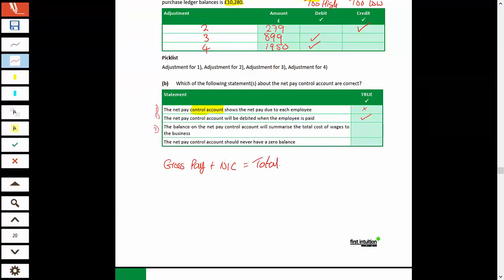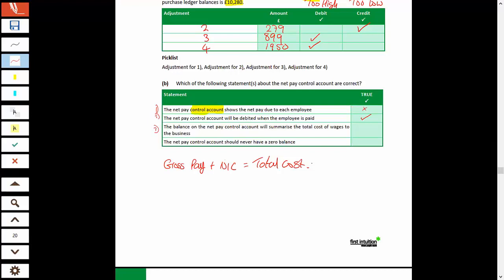It doesn't show that. Make sure you take the time to see what is actually included. The net pay control account doesn't actually show any pay as you earn, national insurance contributions, or any other sort of liabilities like that.